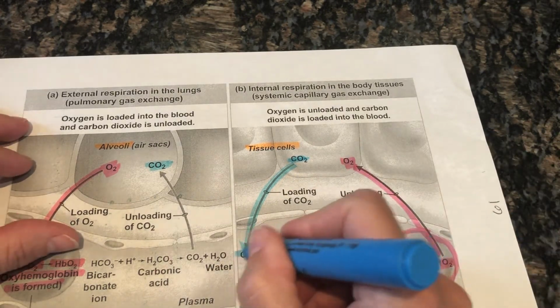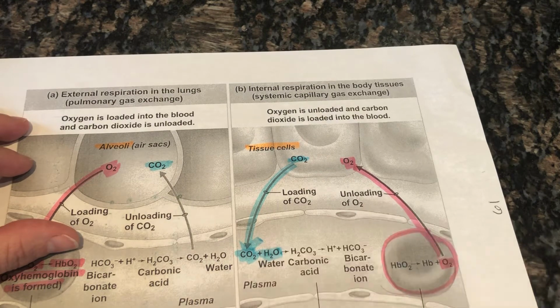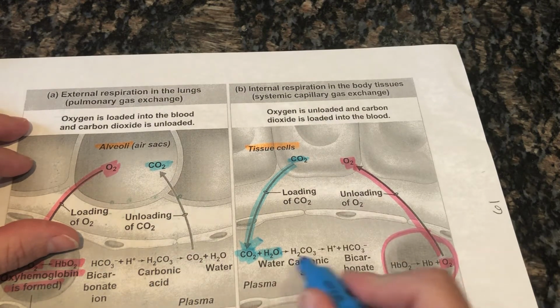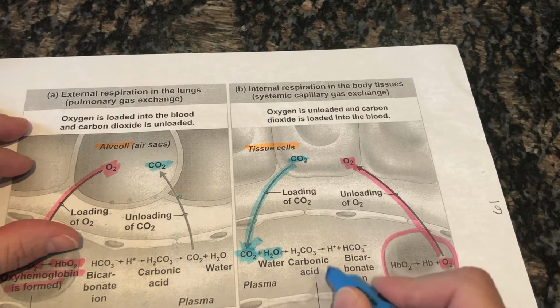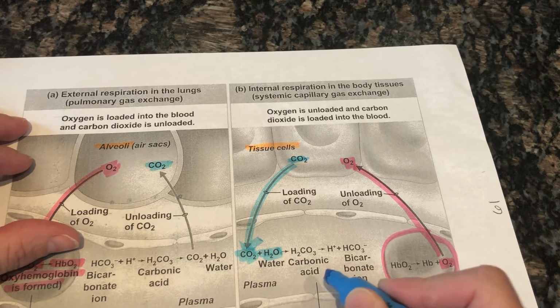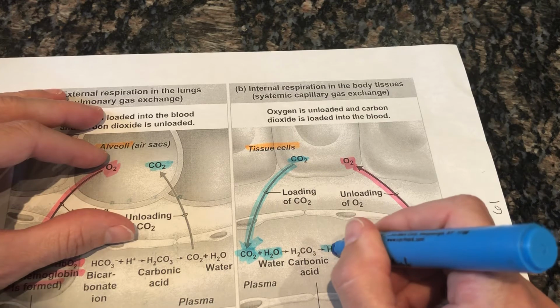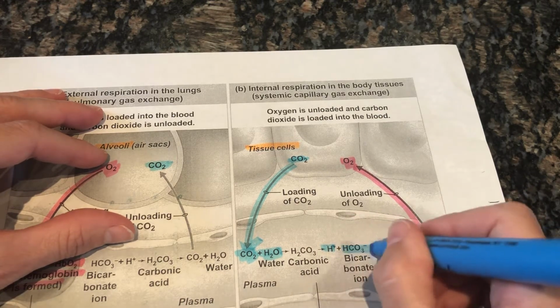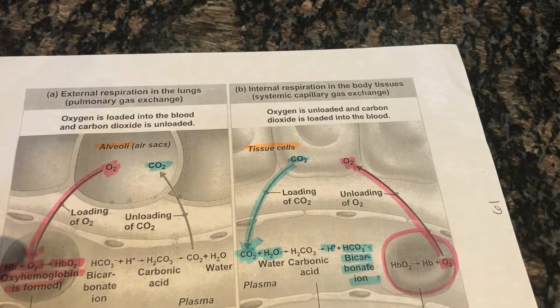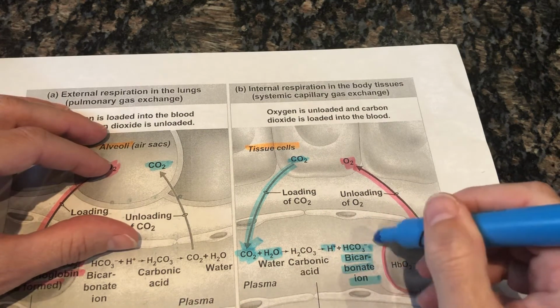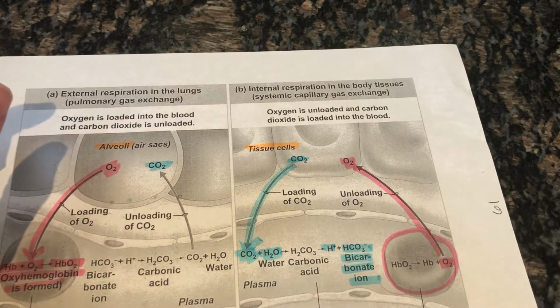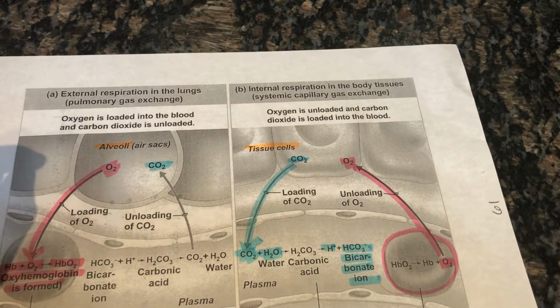And when it diffuses into the blood plasma, it combines with the water in the plasma, and it forms this temporary chemical called carbonic acid, all right? And then the carbonic acid becomes a hydrogen ion and the bicarbonate ion, and that's what I want you to know. Okay, so this bicarbonate ion is how you carry waste carbon dioxide off.